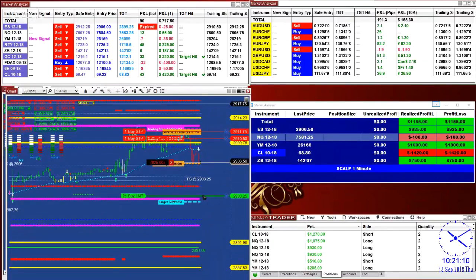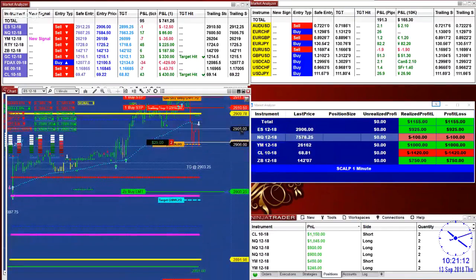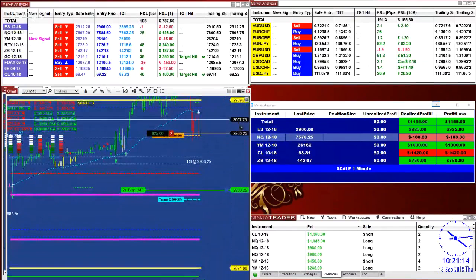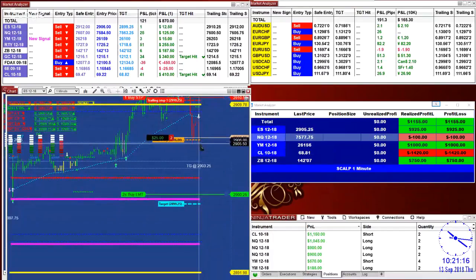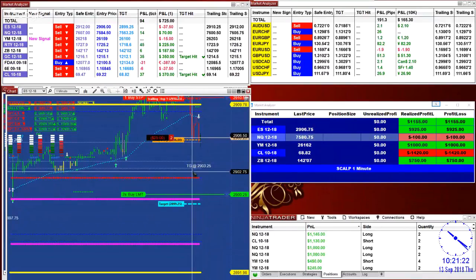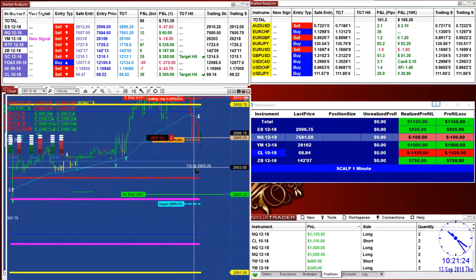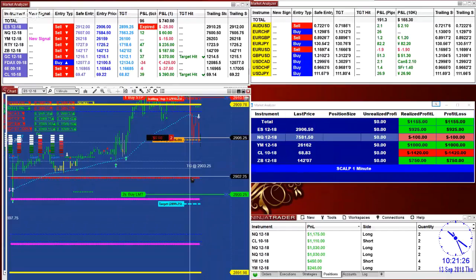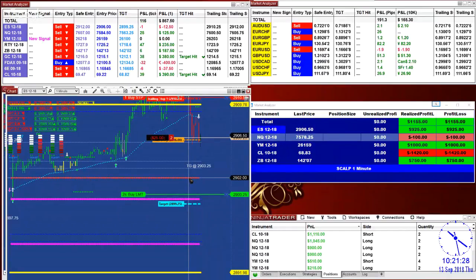I don't want to mess with it. If you want to take that trade, you have to be very light handed. And then we have a little problem on 903, and then a support line at 902, then the target.